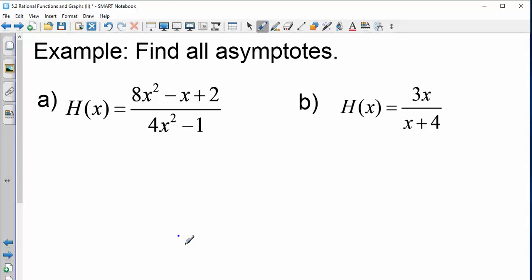Okay. So let's start out. I recommend factoring if we can. When we get to graphing these things, we have to factor.